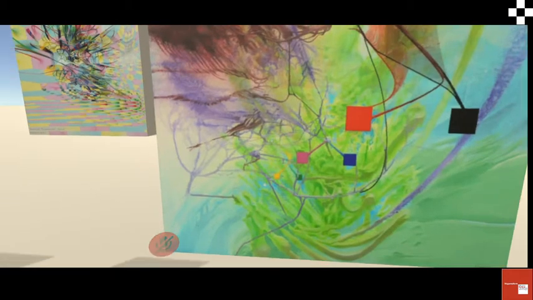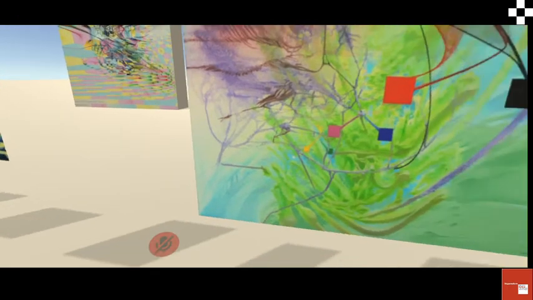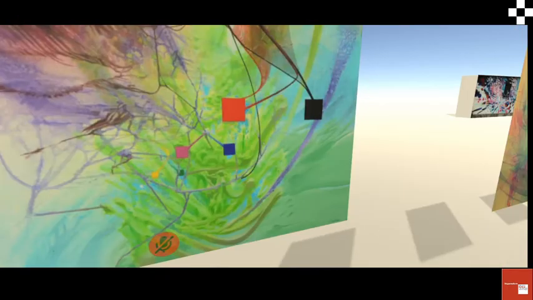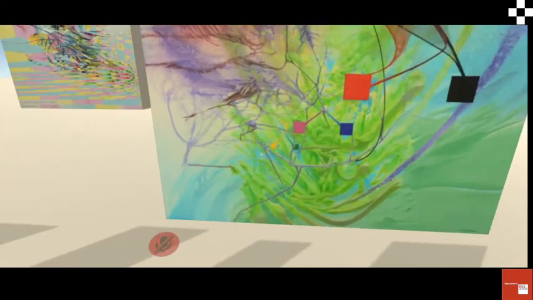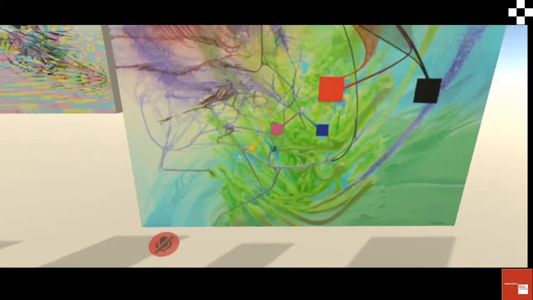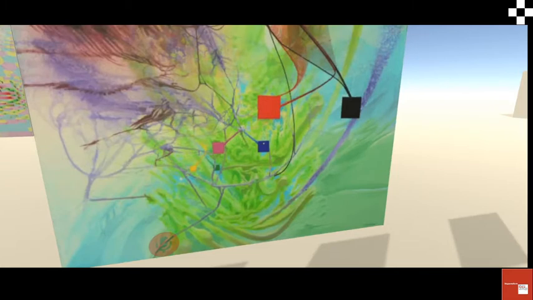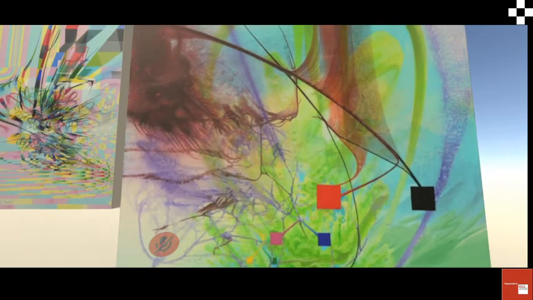So here it's white, yellow, magenta, red, black, blue, green, and cyan. And as you can see, these pairs are merged together, making one color.